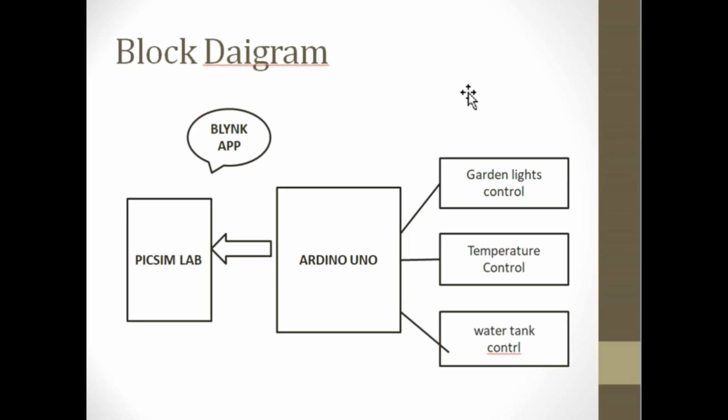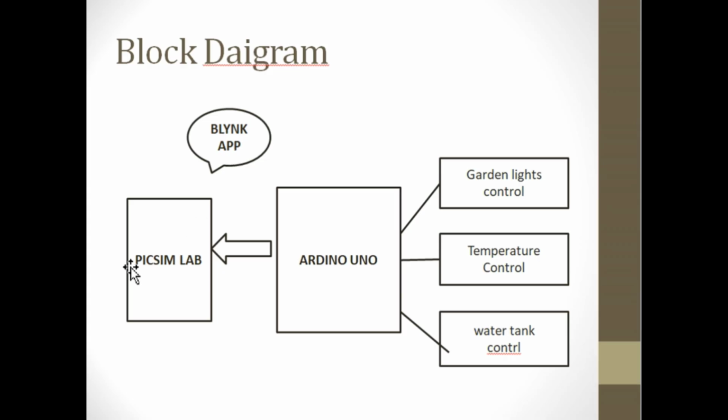This is the block diagram of this project. We use the Arduino IDE here, and hardware simulation is done in the PICSimLab. It is a replacement for the hardware, and the controlling system is done by the Blynk app, which we control by using our mobile only.